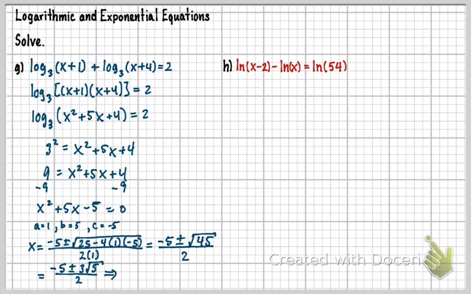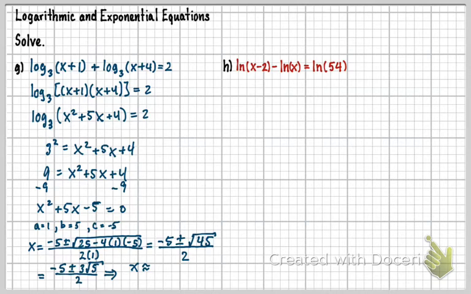Now, where I'm going to go from here is I want to do the approximations of those radicals as decimals, because that doesn't really help me to find out what is a good answer here. So I have x approximately equals, let me use approximation here, because it's just an approximation.